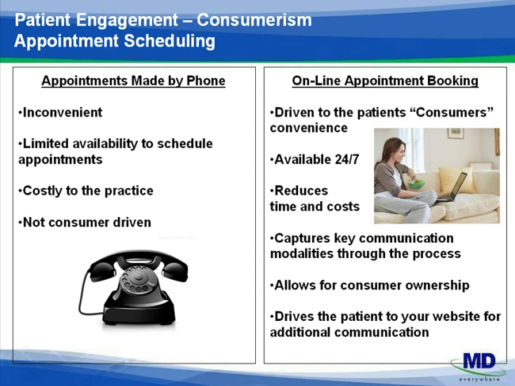So when the patient goes in, you need to establish and set the parameters up to where you're capturing key communication modalities throughout the process. So we're capturing their cell phone number and their email address, and you can use that, and we'll talk about it more down the road, as key ways to communicate and market to your patients to ensure that, one, they're meeting their appointment, but also are they maintaining their preventative care.